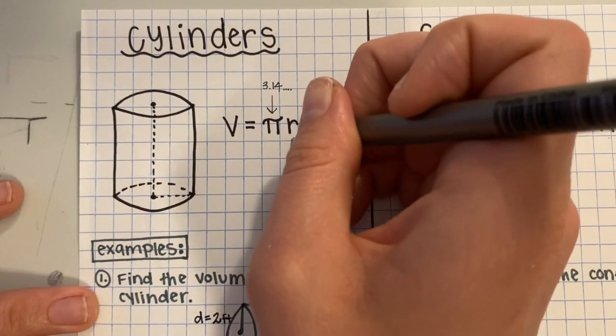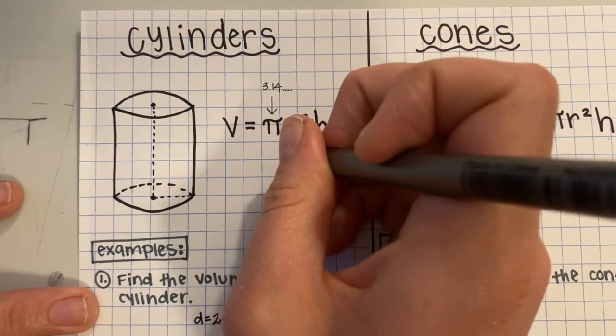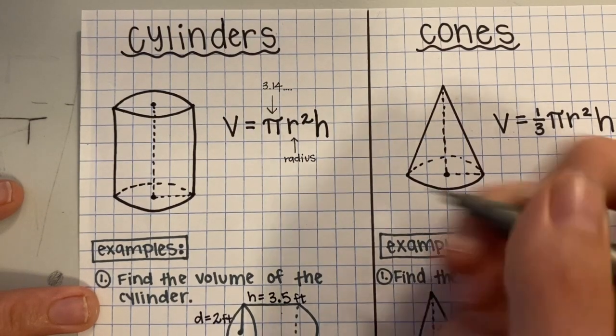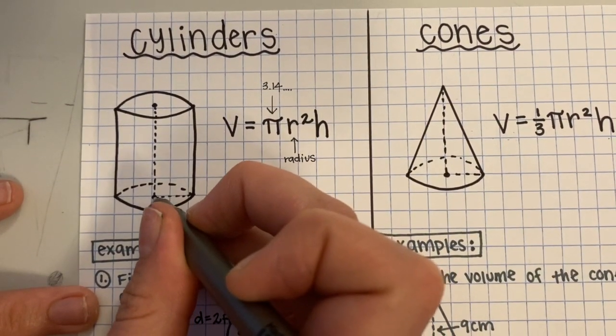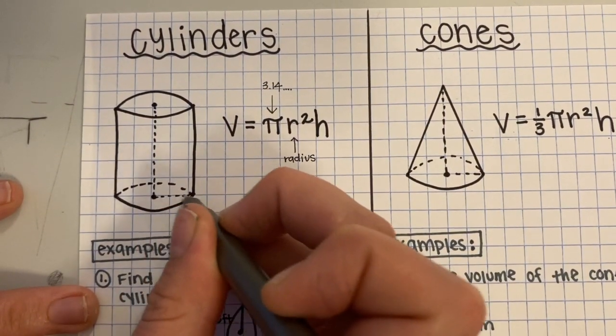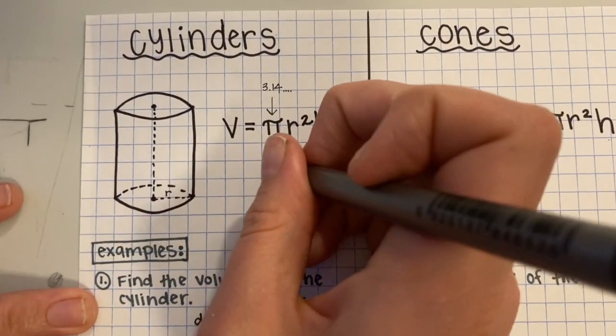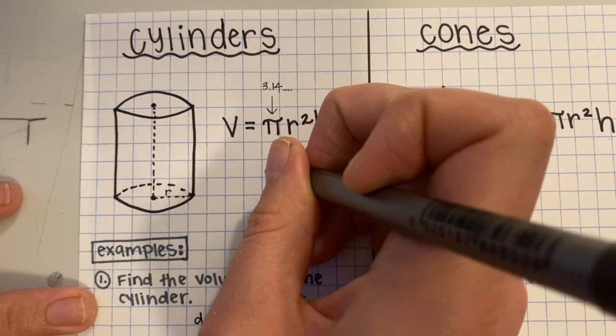R is our radius. So it's the distance from the center of our circular base to the exterior. That is our radius. Radius is the same thing as half of our diameter.